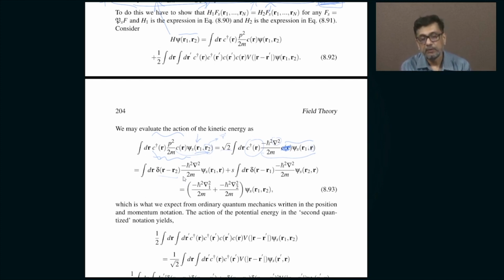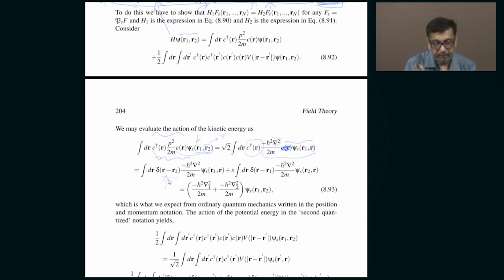Now the particle position labels are R1 and R2, because I have considered a system with two particles to begin with. So, now C annihilates a particle, and having annihilated a particle, I end up with only one particle, which is R1. Now, I have to again create a particle, which is C dagger R. And how do I create a particle?